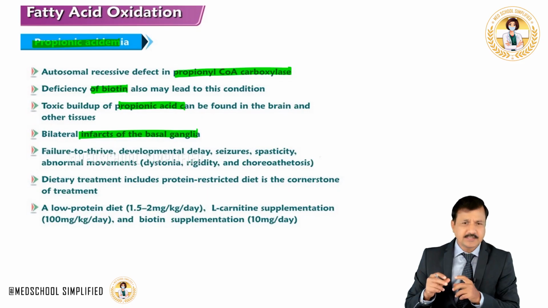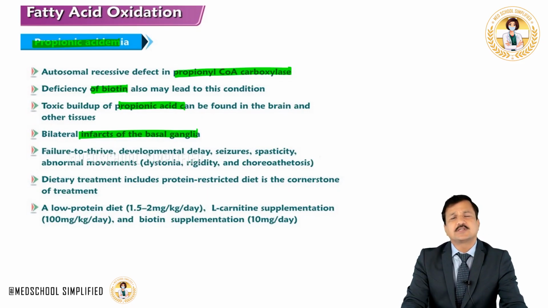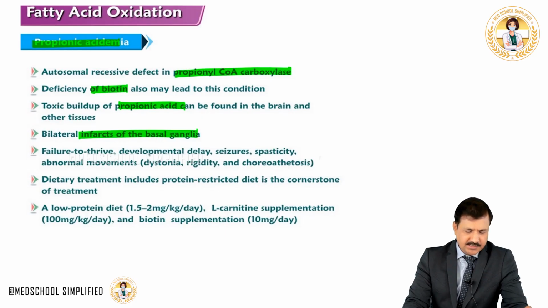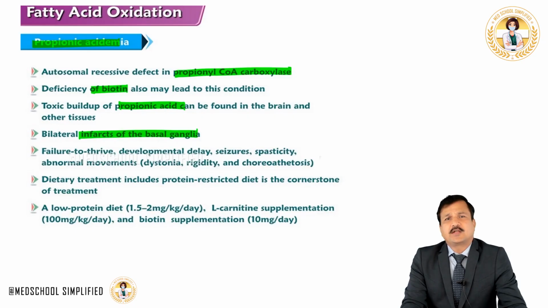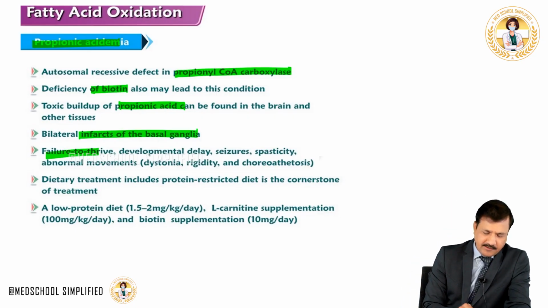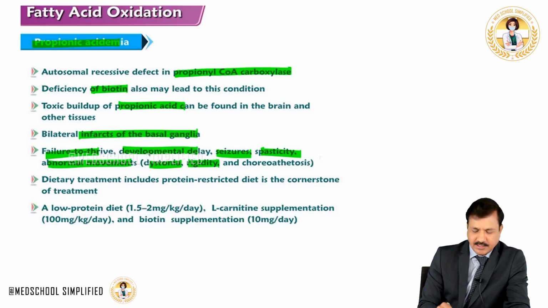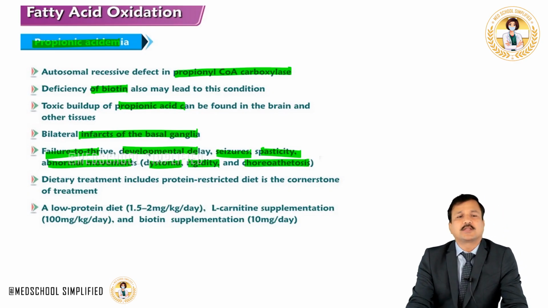Now, neonates may present in the first few days of life with decreased feeding, vomiting, lethargy, seizures, and hepatomegaly may be present. Patients with infantile or late onset forms may have failure to thrive, developmental delay, seizures, spasticity, and abnormal movements like dystonia, rigidity, and choreoathetosis.